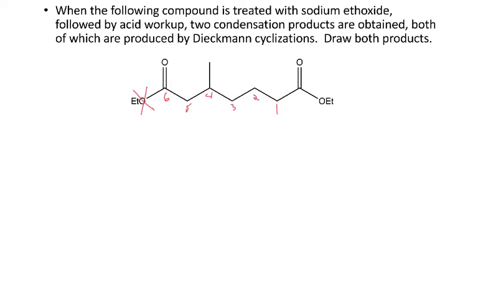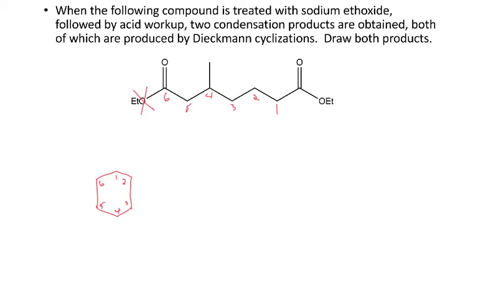And so to draw my product, I know I'm going to have a cyclohexane, so I can just draw the cyclohexane. And then I can call any carbon number 1 that I want, and so I'll call that carbon 1. And then 2, 3, 4, 5, and 6. And now I just need to put what is coming off of each of these carbons.